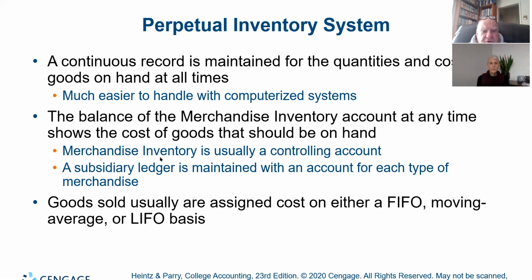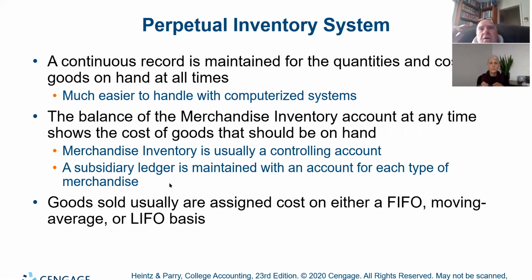Merchandise inventory is a control account. A control account simply means everything in your chart of accounts. Cash is a control account. Accounts receivable is a control account. The accounts receivable listing of your customers, that's a subsidiary. A subsidiary ledger is maintained with an account for each type of merchandise.